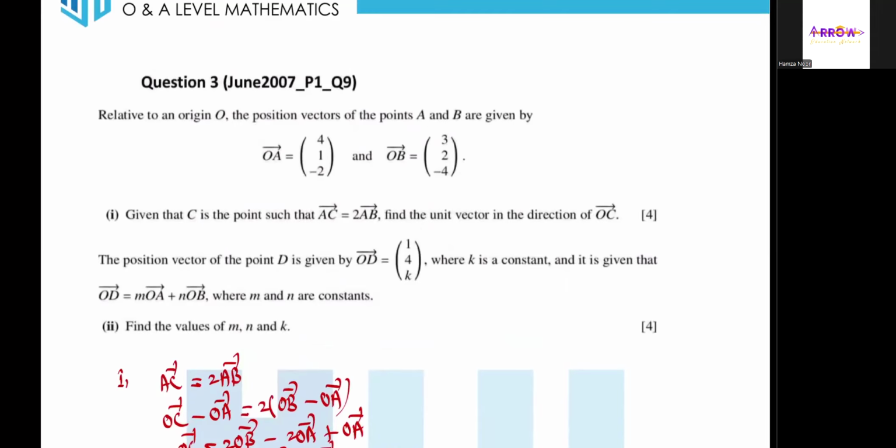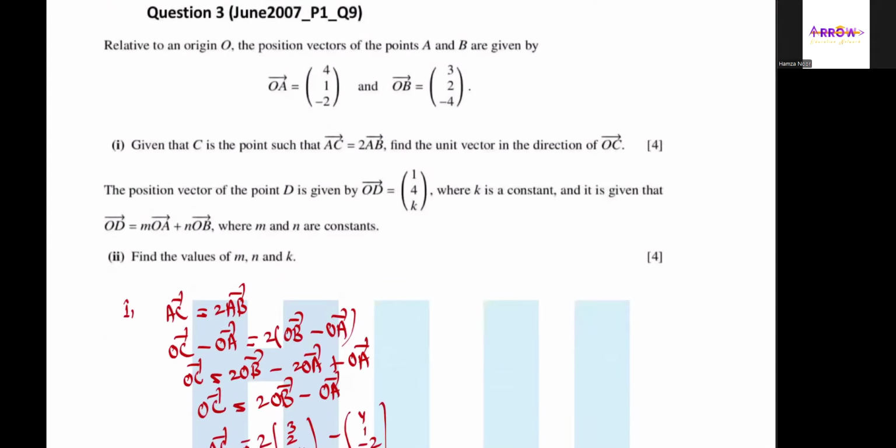In part 2, we have the information that the position vector of the point D is given by OD equal to 1, 4, K, where K is a constant which is unknown. And it is given that OD is equal to M times OA plus N times OB, where M and N are constants. So we need to find the values of M, N, and K. Very simple, we are going to use this equation.